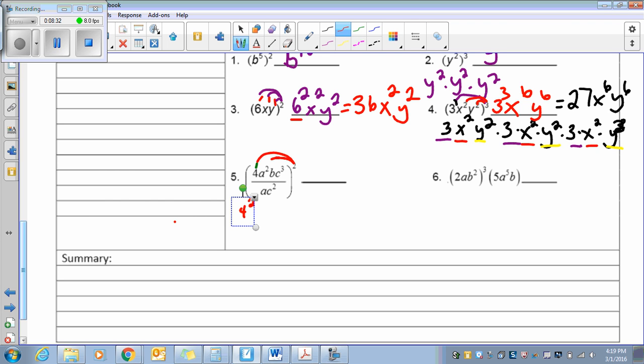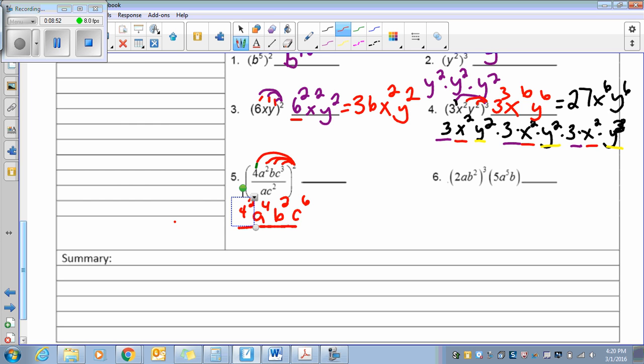And then we have a squared twice, which is really 2 times 2, a to the 4th. And then we have b to the first twice, so that's b squared. And then c cubed squared, so that's 3 times 2, which gives us c to the 6th power.